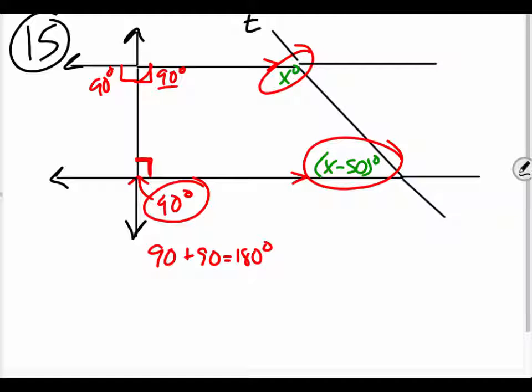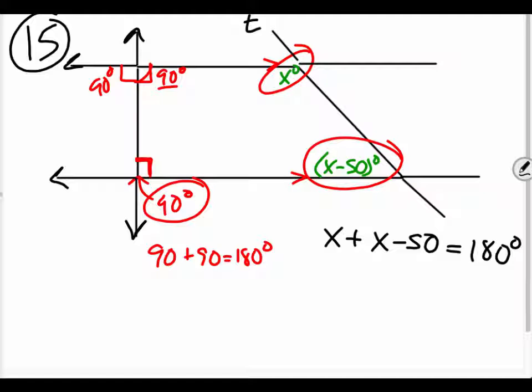So there's two ways to handle this problem, but x plus x minus 50 equals 180. I wanted to drive home that there's lots of ways to do the problem.